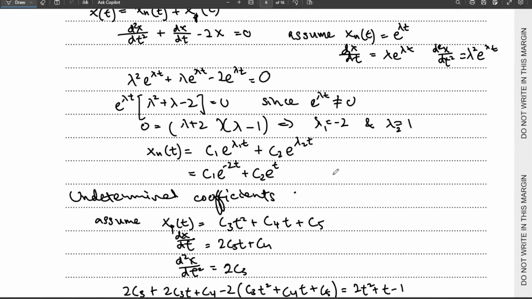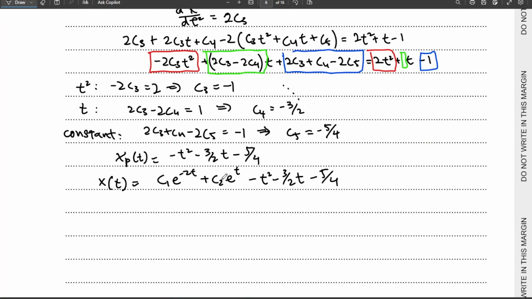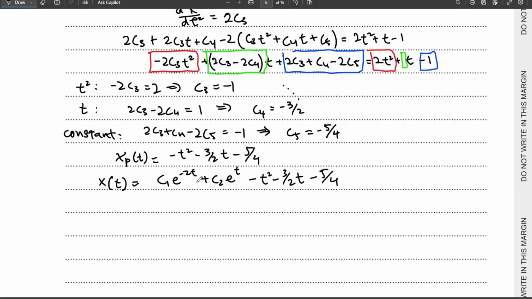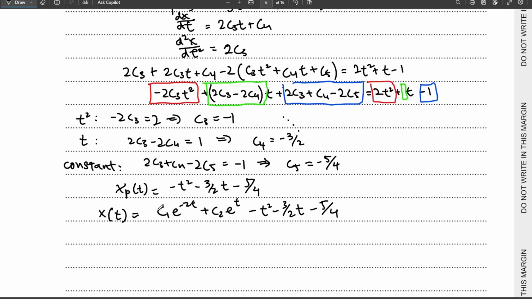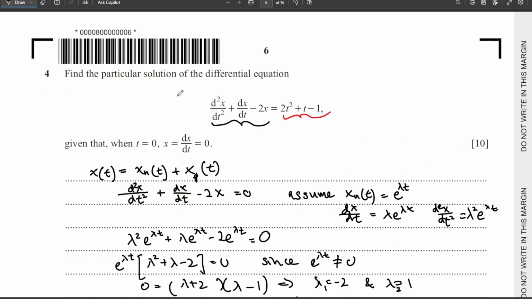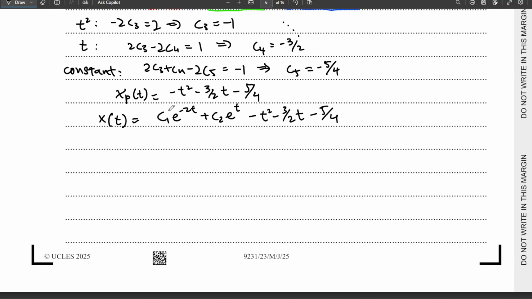Okay, but we're not finished yet, because we want to find not just the general solution. We need to solve also for these two arbitrary constants, which given the boundary conditions we can easily do. So boundary conditions, I will write that first. t equals 0, x equals 0, dx/dt equals 0 also.